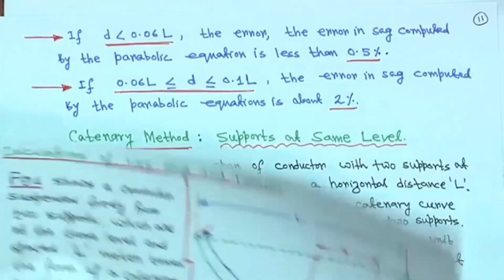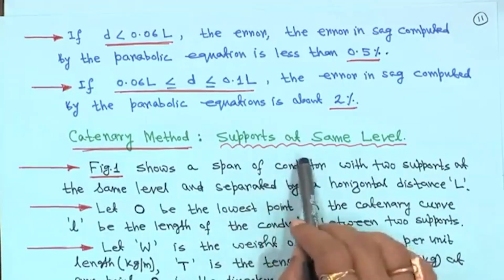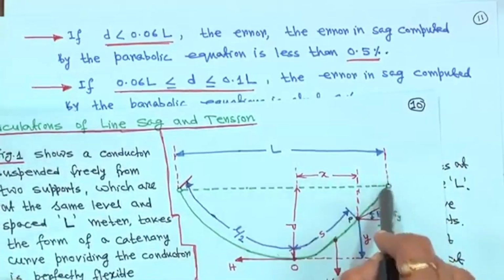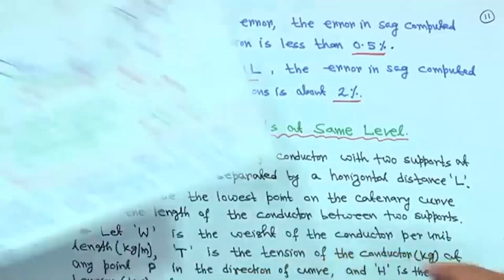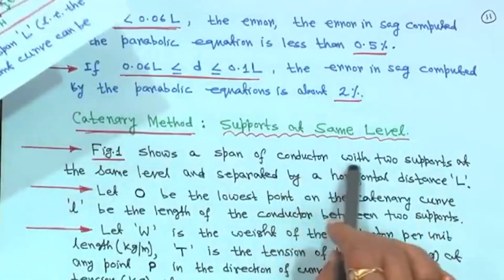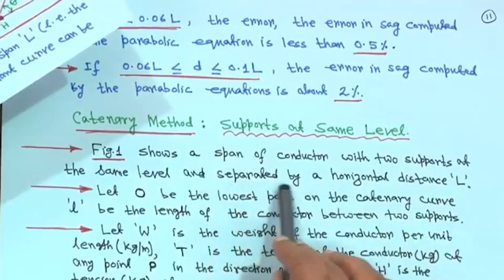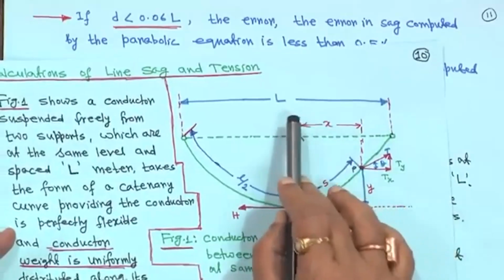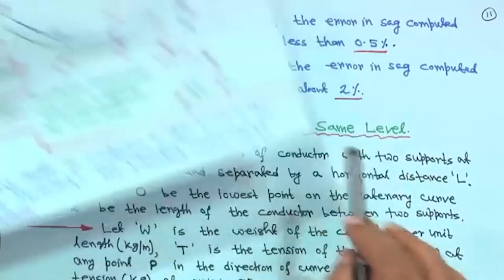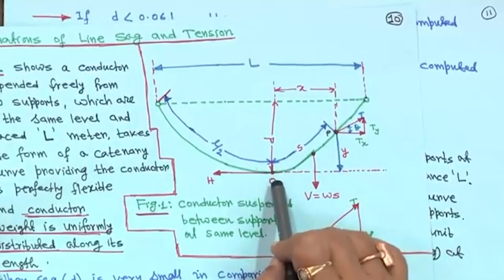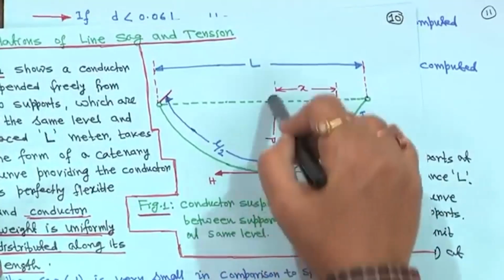Now, the catenary method, with supports at the same level. Both the supports are at the same level. Now, this is figure 1. It shows a span of conductor between two supports at the same level, separated by a horizontal distance L. Point O is the lowest point on the catenary curve, and d is the maximum sag.